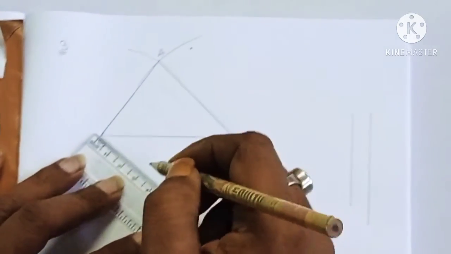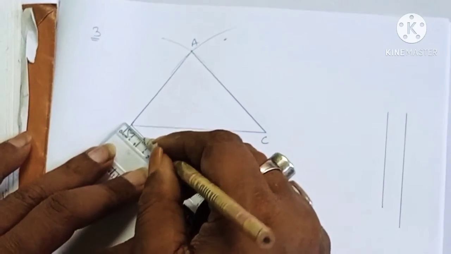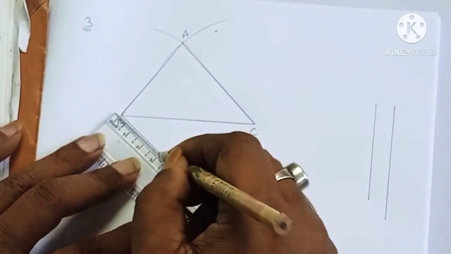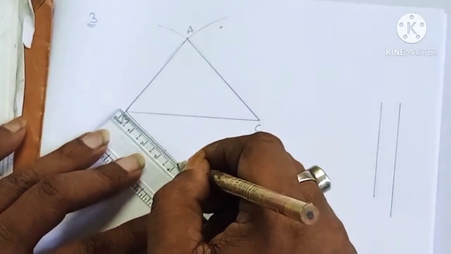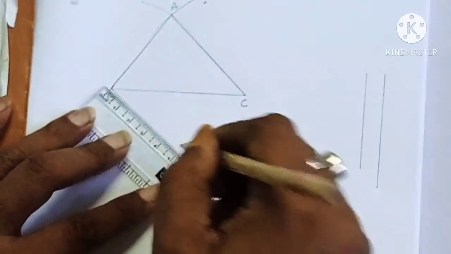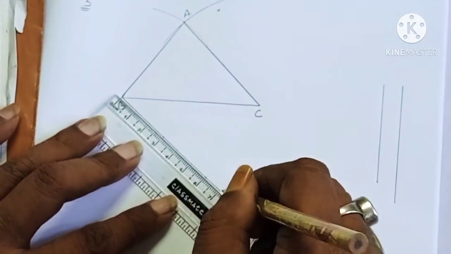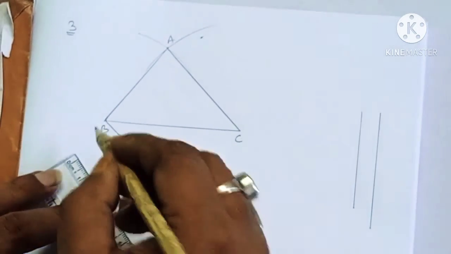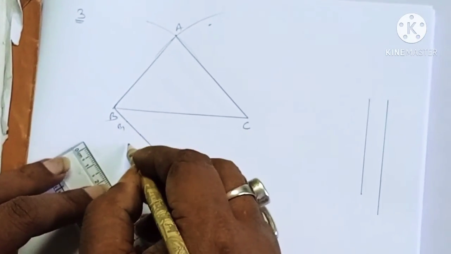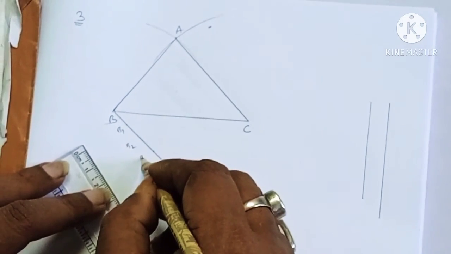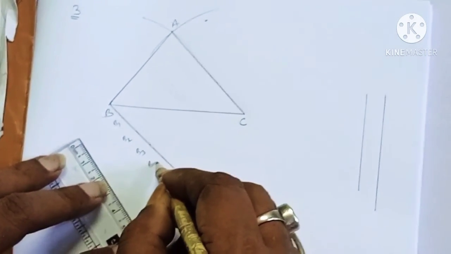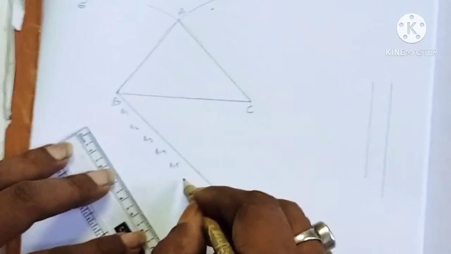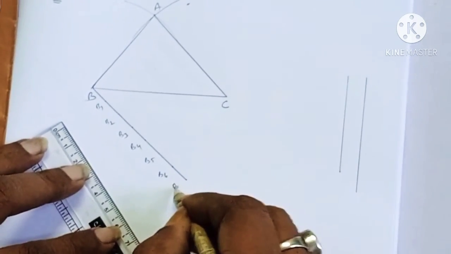And now I divide it into 7 equal parts. So this is B1, B2, B3, B4, B5, B6, B7.